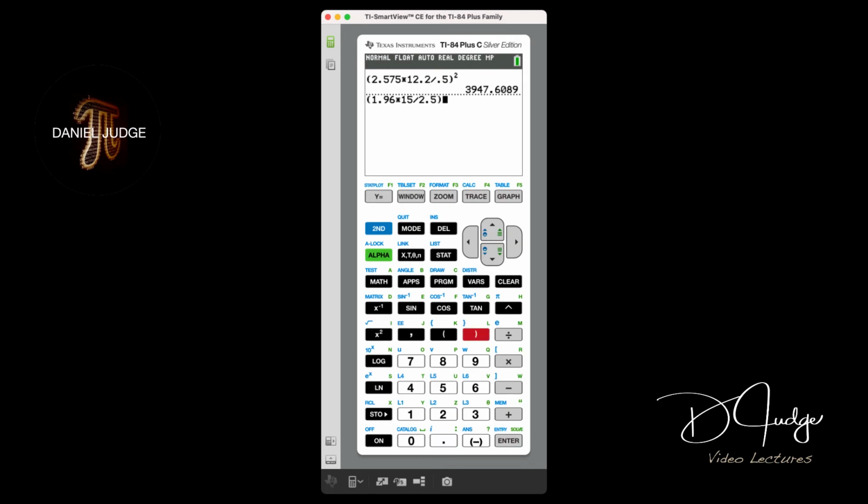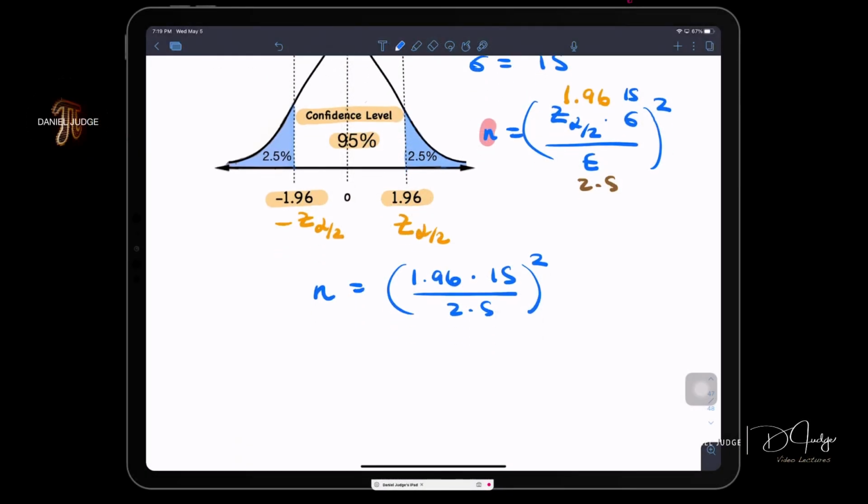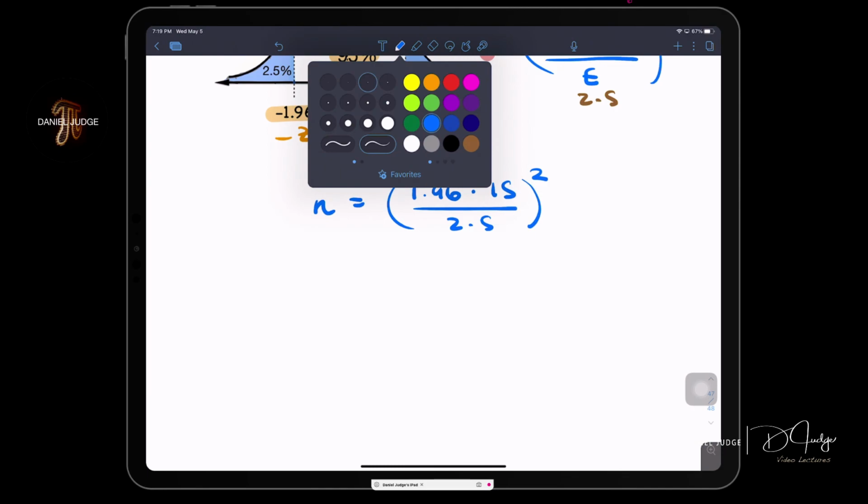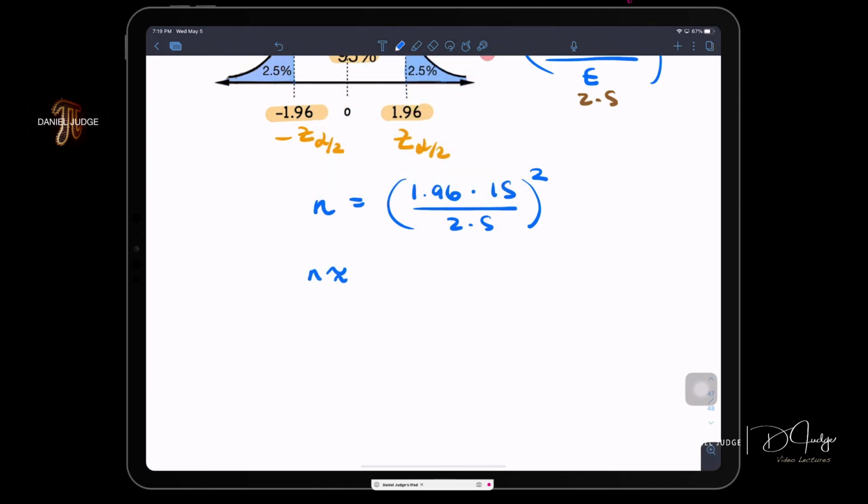Close that, raise this to the second power now. So round this up. 138.29 rounded up is approximately 139. So the sample size that you need is 139.